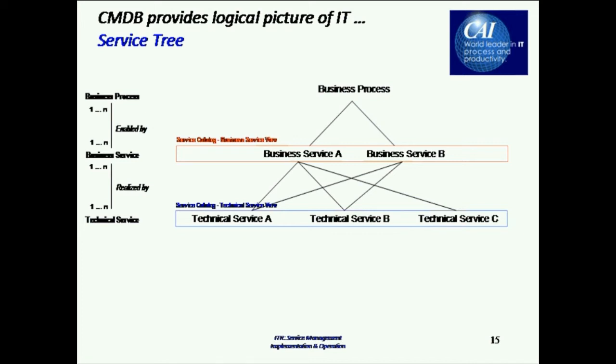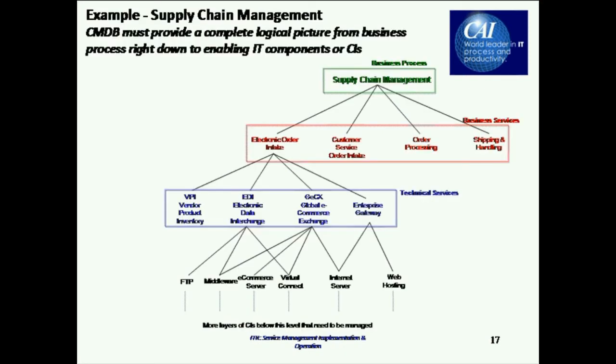That's where the whole discussion around service-oriented architecture comes in, but we're not going to go into details on that. And then those are really implemented by different components, which include software, application, hardware, and data, and probably others. So if this is a service tree, then this is an example of a real-world service.